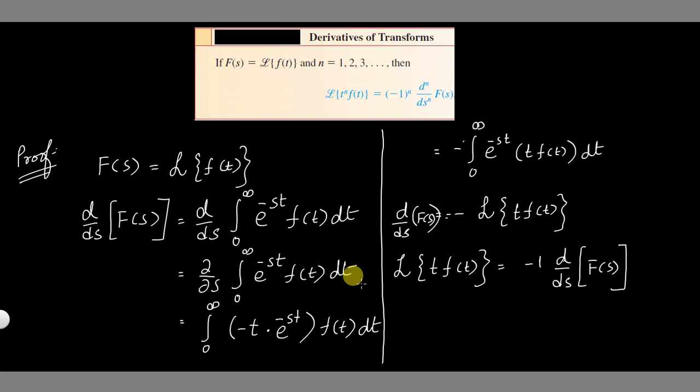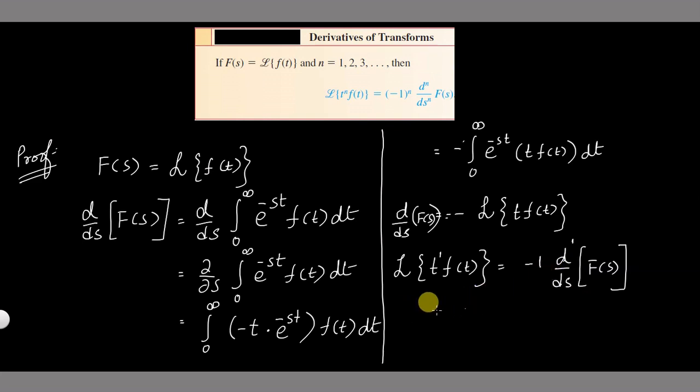So this is proved now for n is equal to 1. You can see over here Laplace transform of this particular function is equal to minus 1 raised to the power n d n over ds n of F of s. So in our case here n is 1. If n is 1, then you can say the first derivative of F of s with respect to s.